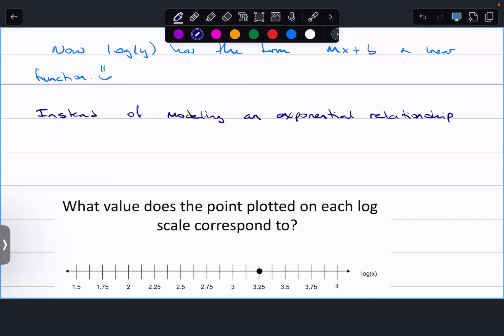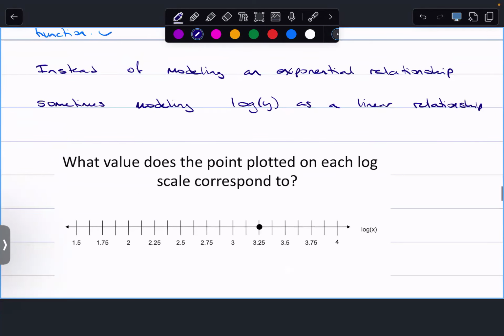But instead of modeling an exponential relationship, sometimes modeling the log of y as a linear relationship is easier.